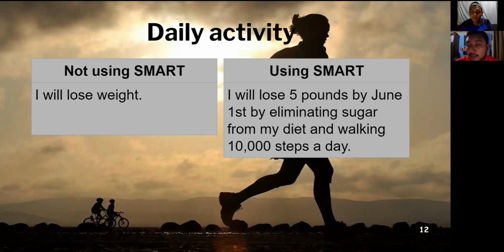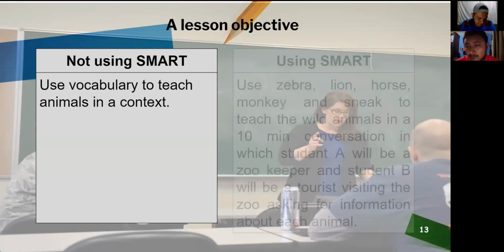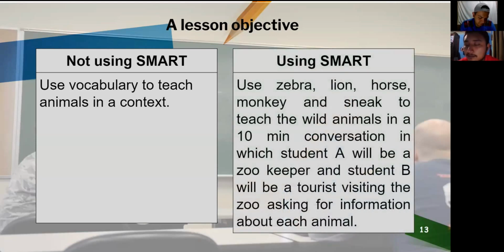Indeed. So we have this other example, which is more about the teaching field. Not using SMART, we have this objective that says: use vocabulary to teach animals in a context. Same, it is really concrete about what it says, but there are missing some details that can improve this objective. So, Daniel, can you please read the next square?